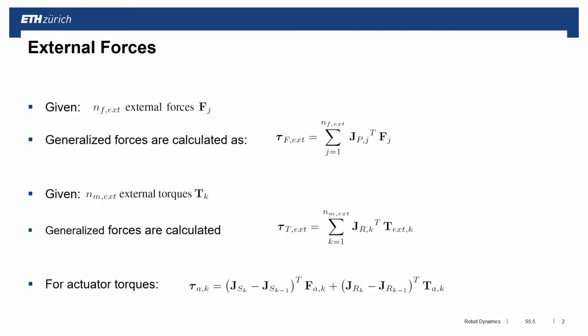Now the last element which I want to very specifically address here is actuator torques, because an actuator typically, let me draw here a small robot arm, so I have link 1 and I have link 2. Now my actuator typically sits on this joint, which means the actuator produces a torque here and the counter torque here.